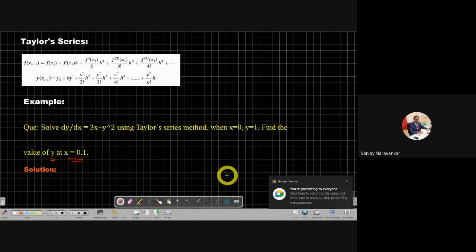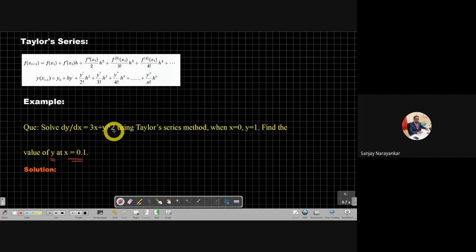Yeah, I was talking about we have to find the solution of dy by dx equals 3x plus y square using the Taylor series method. When x is equal to 0, y is given 1. Find the value of y at x is equal to 0.1.